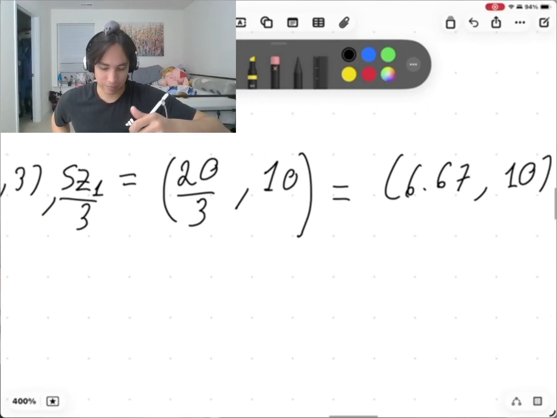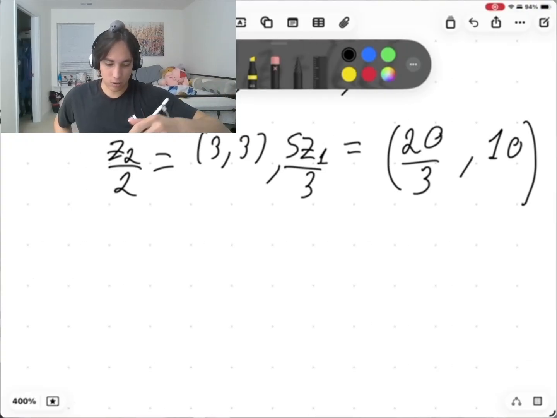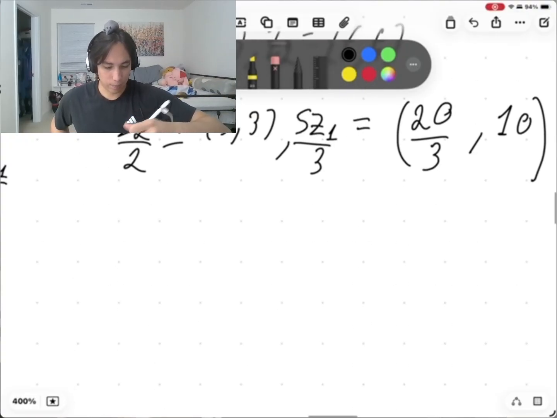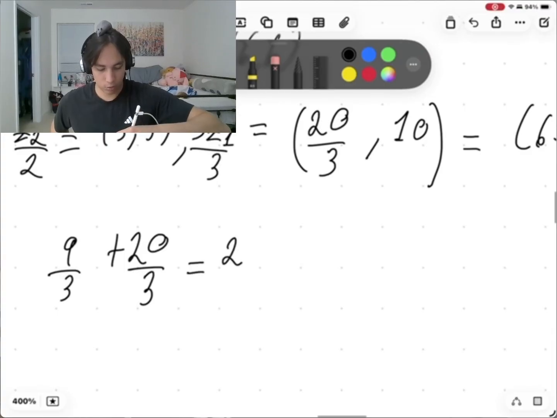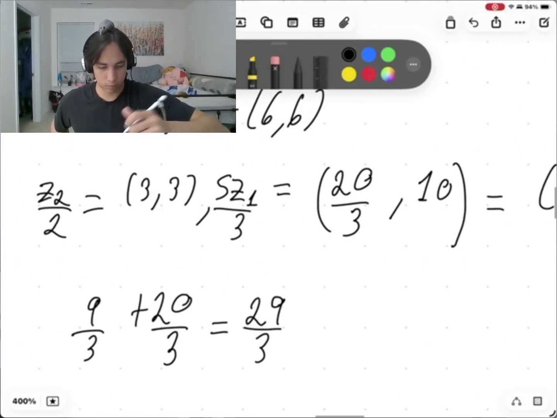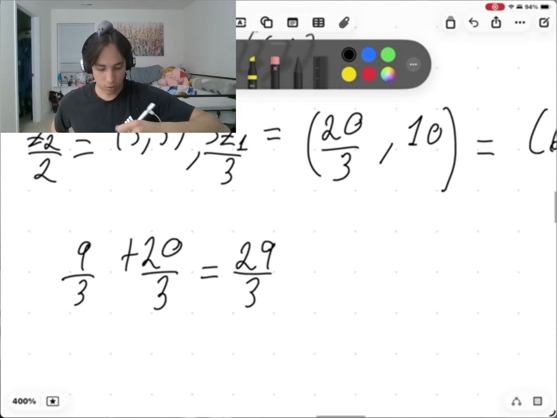And we add them. Obviously, we have to add them. I'm going to use fractions because it's easier for me to work with fractions at this point. So 3 plus 20 over 3 is the same as 9 over 3 plus 20, 29 over 3, get it, right? And 3 plus 10 is 13, so that's our answer.